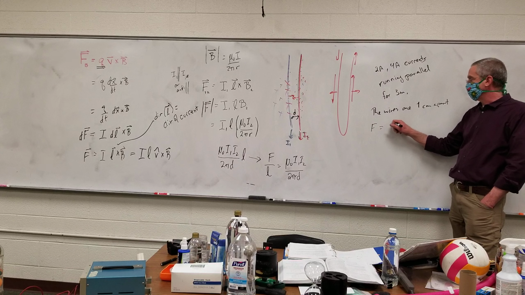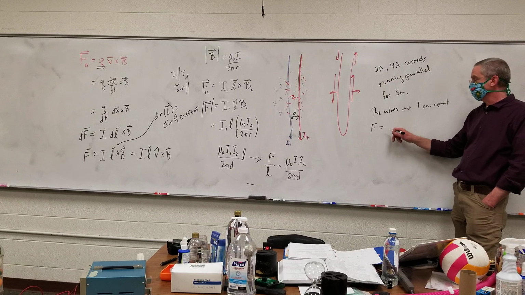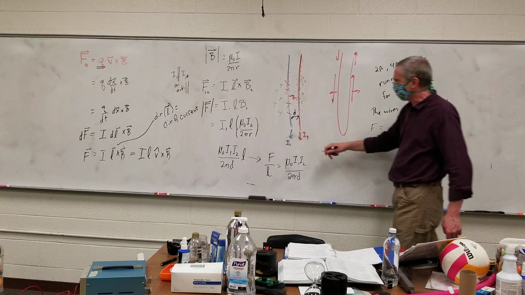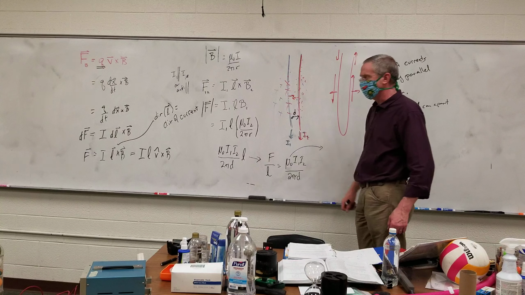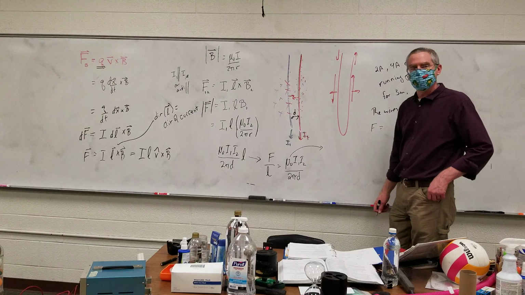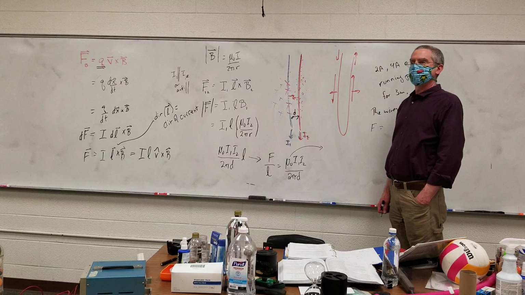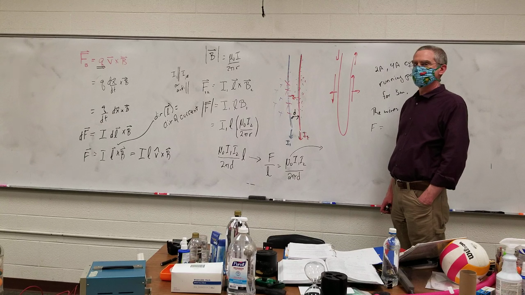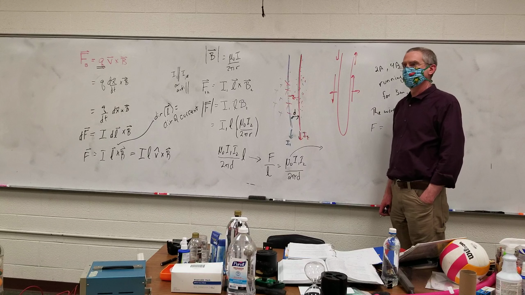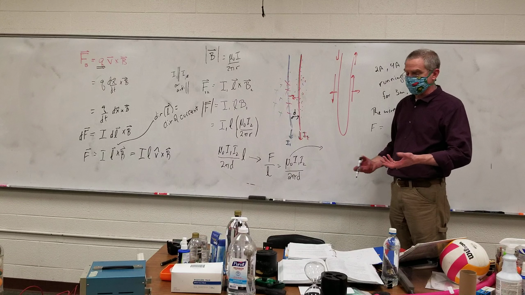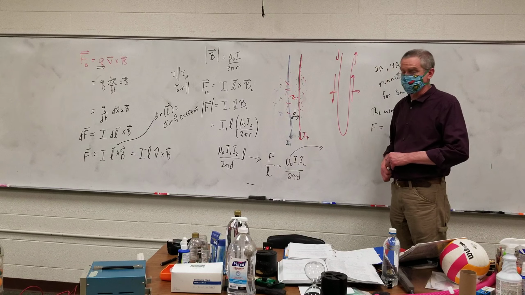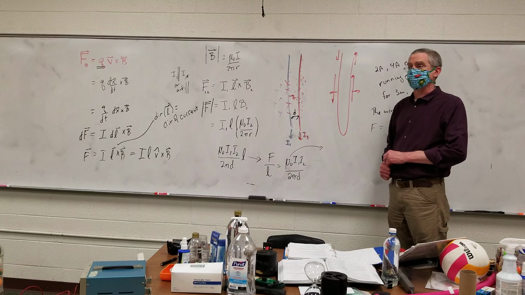plug and chug. So we have mu naught over 2 pi. What is the value of mu naught in SI units? There's an exact way to express it. Of course, it involves pi, so is that an exact thing or not?